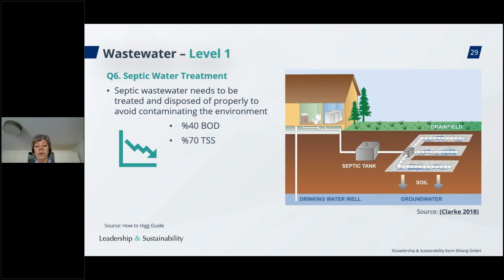Then around 70% of the total solids and around 77% of fats, oil, and grease are destroyed in the plant. But those are not very high levels, and this is the reason why SAC is asking for better treatment.